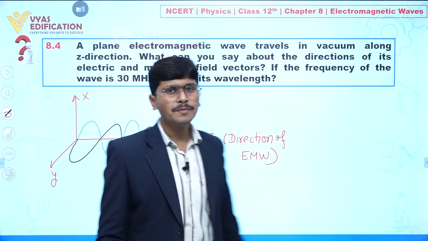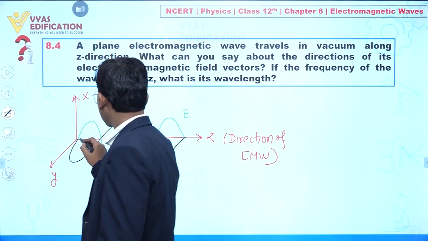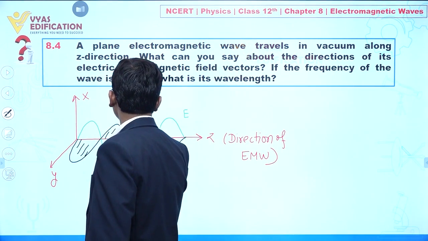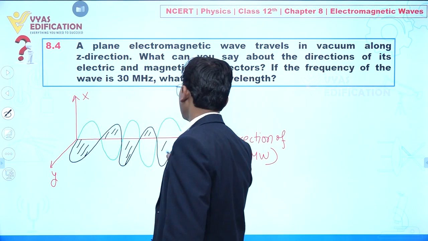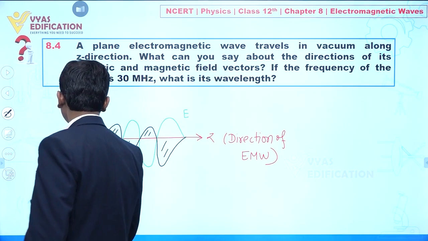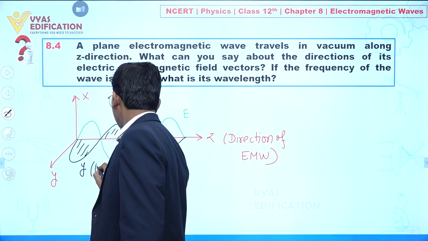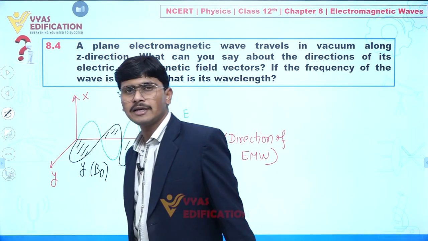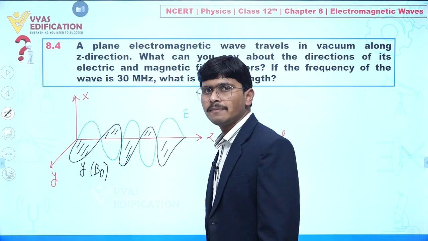From here you can see, if I draw this diagram, this black curve represents the oscillation of the magnetic field. This magnetic field is oscillating in the y direction. This is representing the oscillation of the magnetic field, and the maximum value of the magnetic field I am writing as B naught.